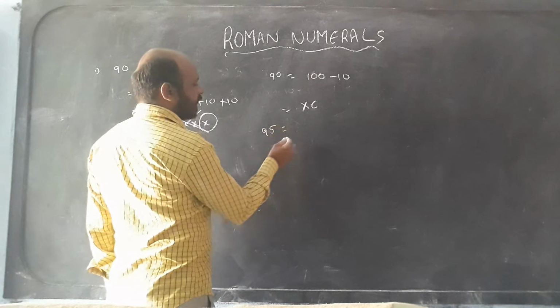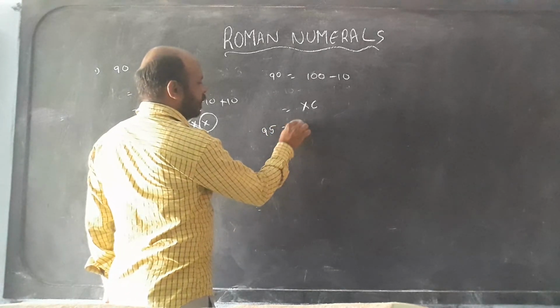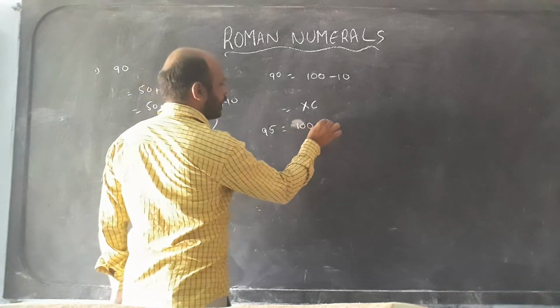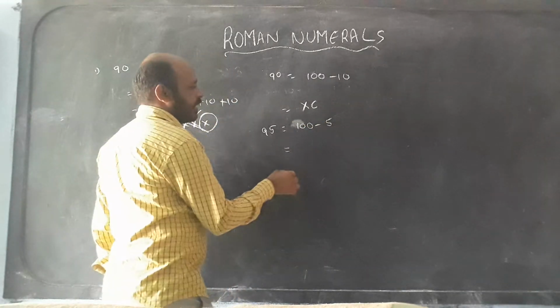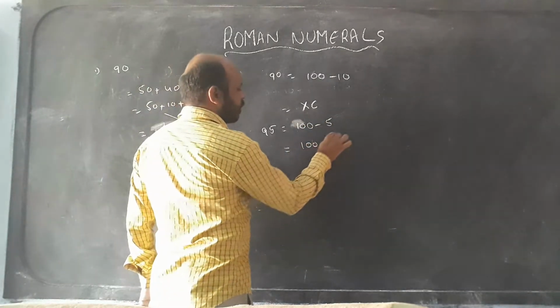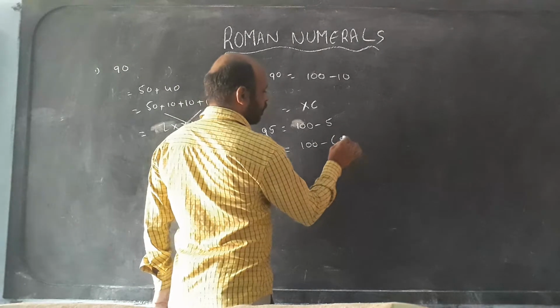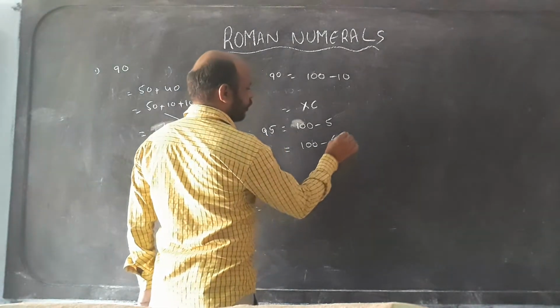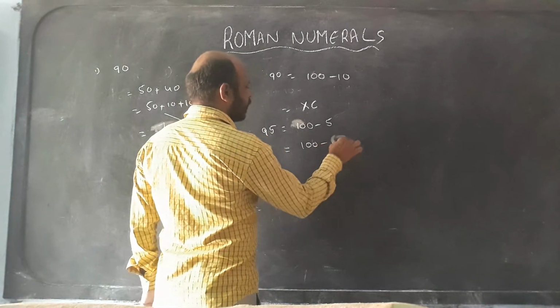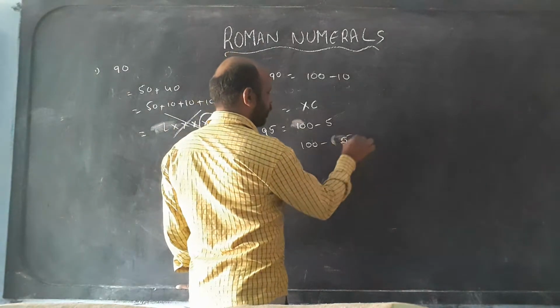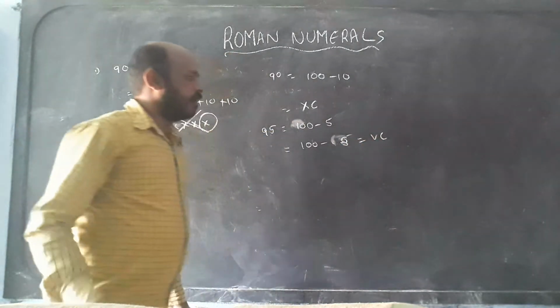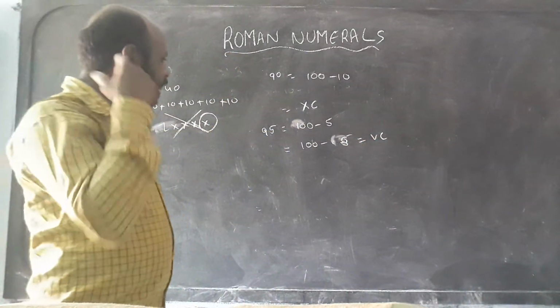The next one: 95. How to write 95? 100 minus 5. 100 minus 5 means directly V we have to write, so it would become VC, or we can write like this.